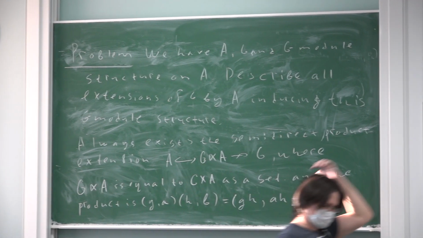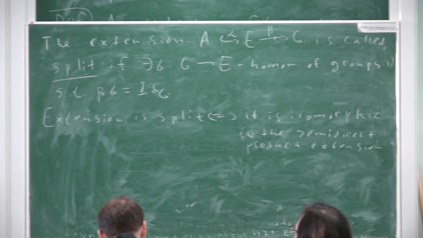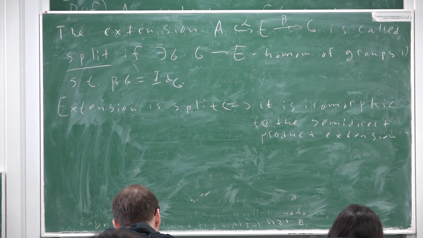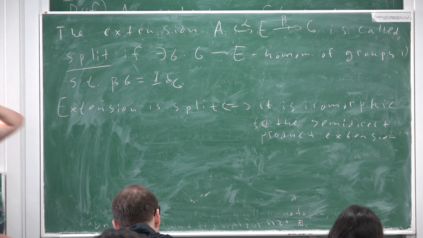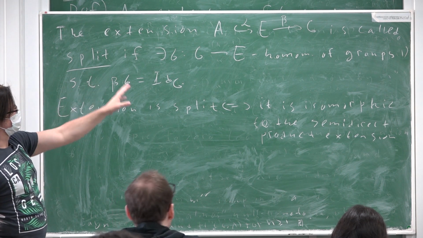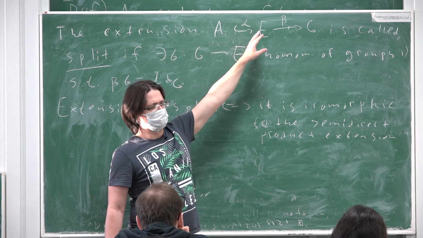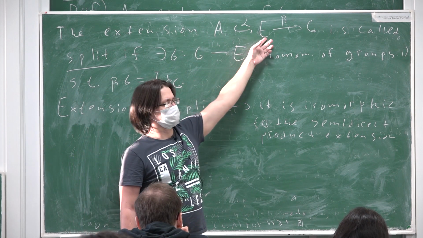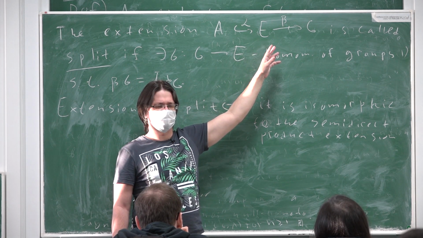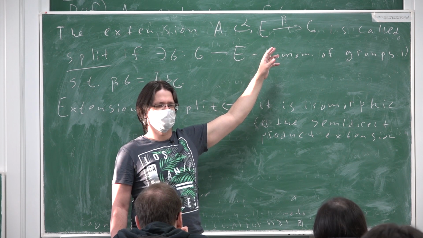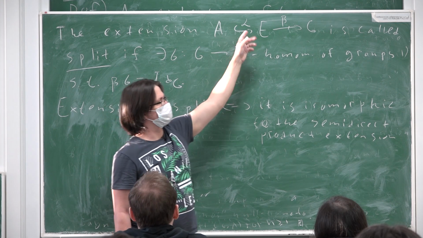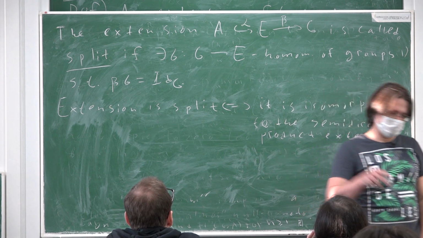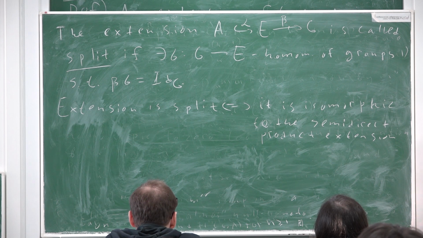And I think that in the general course of algebra there is a criterion that a group is isomorphic to the semi-direct product of A and G if A is a normal subgroup, G is a subgroup, and their product is all E. Like A is a subgroup, G is a subgroup, and they generate all the group, and their intersection is trivial.